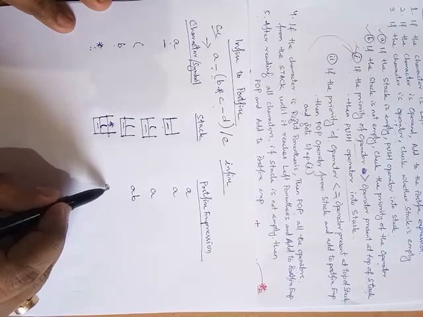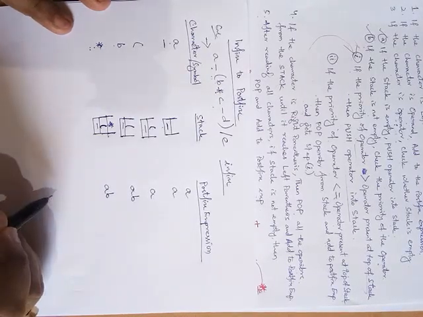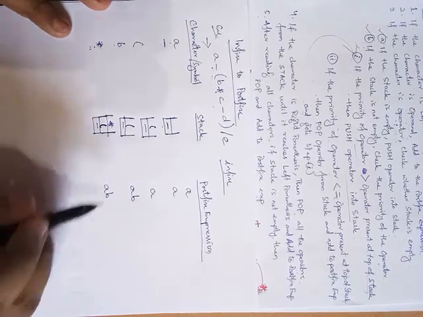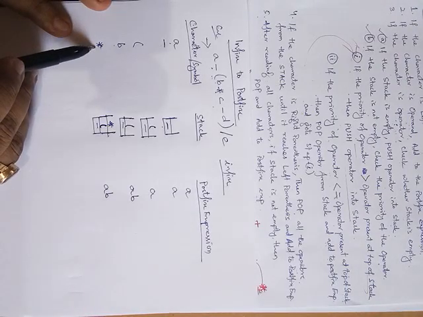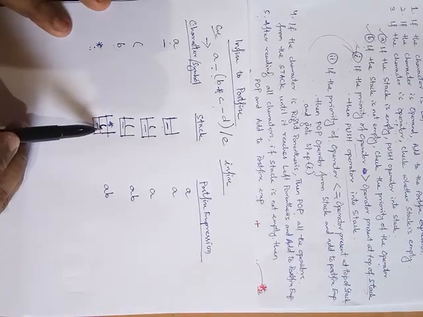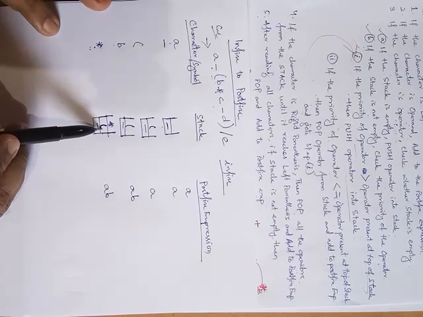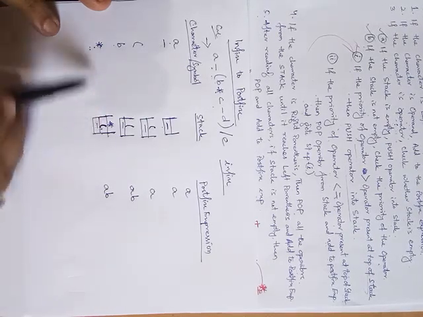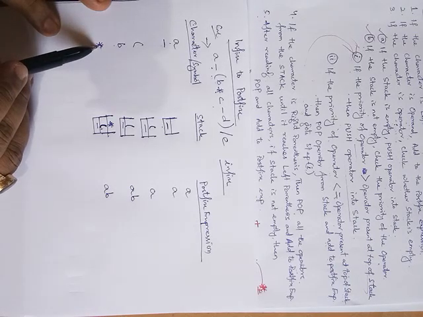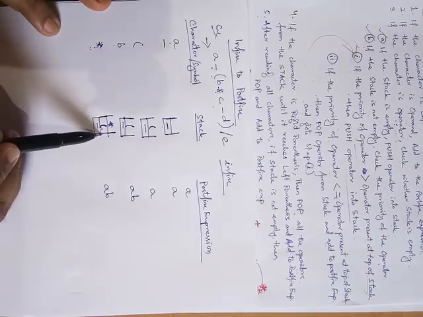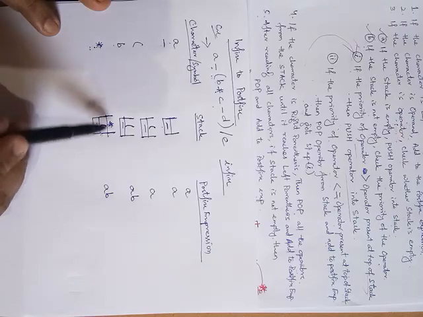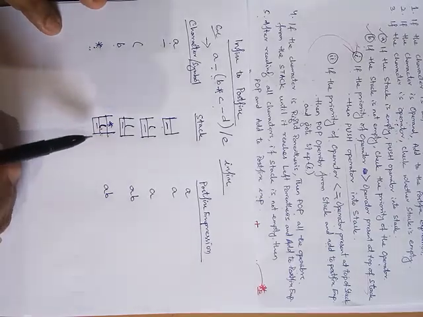The postfix expression will be A B, the same. So when the new operator is star and the top of the stack character is a left parenthesis, you must push this operator into the stack. This is a condition.